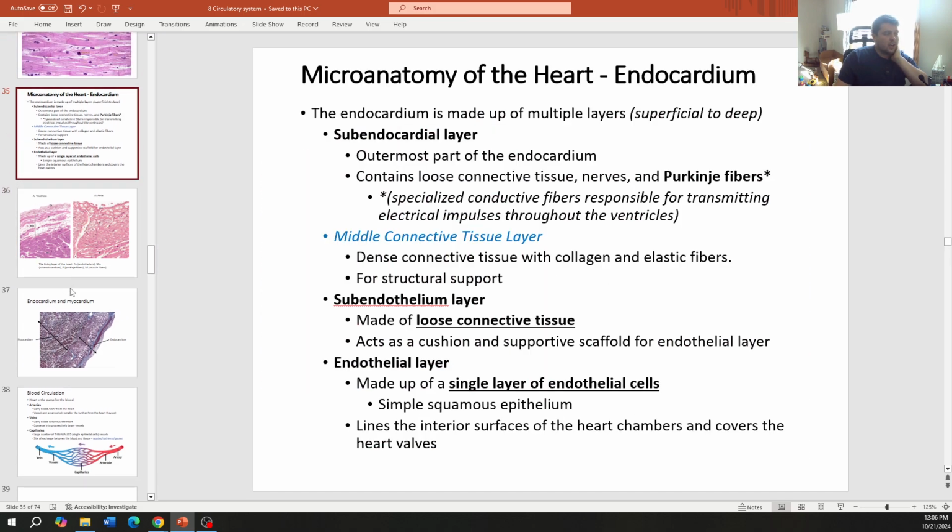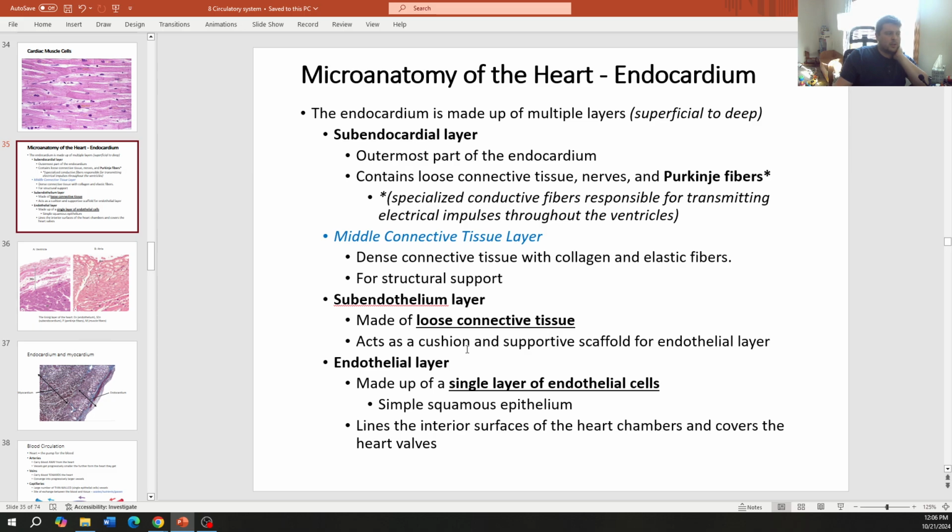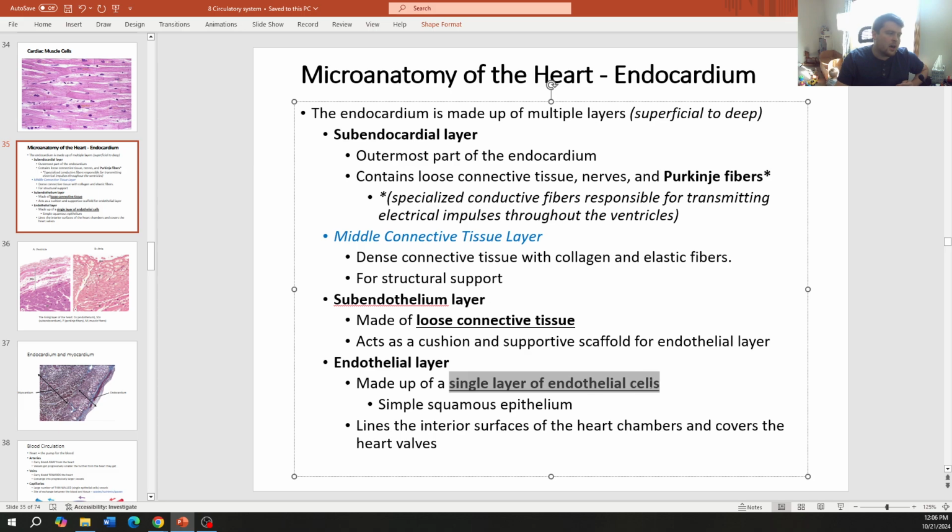Next, we have the subendothelium layer. It's made up of loose connective tissue. It's the cushion, supportive scaffolding for the endothelial layer. And then the deepest part is the endothelial layer, which is made up of a single layer of endothelial cells. It is a simple squamous epithelium.